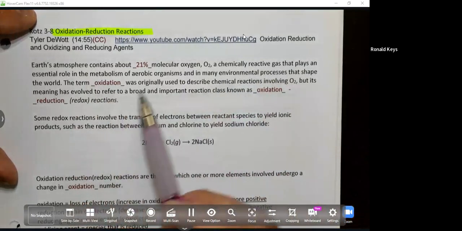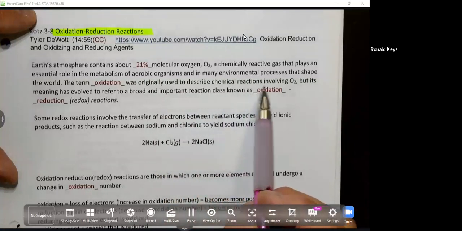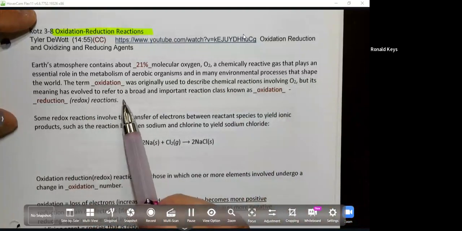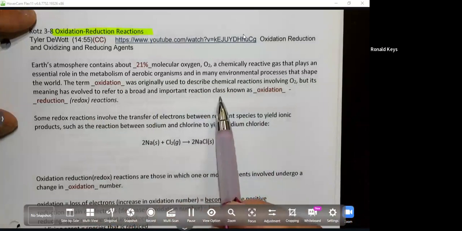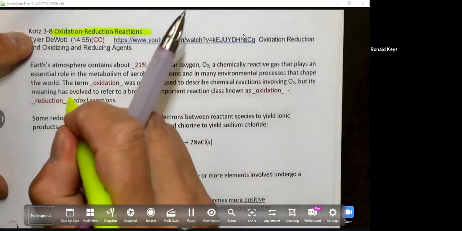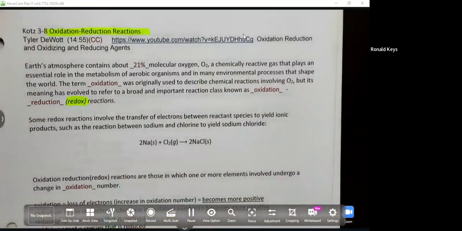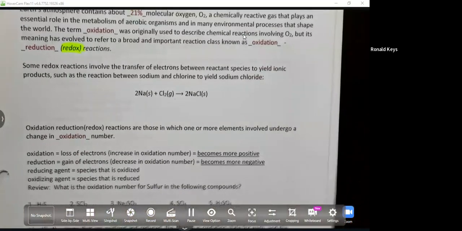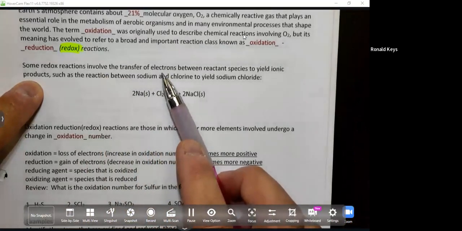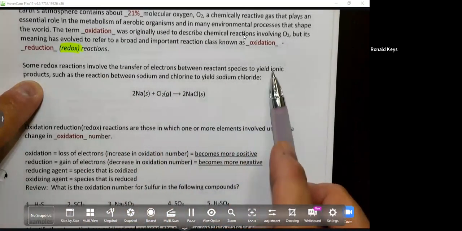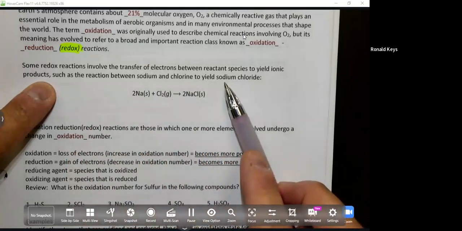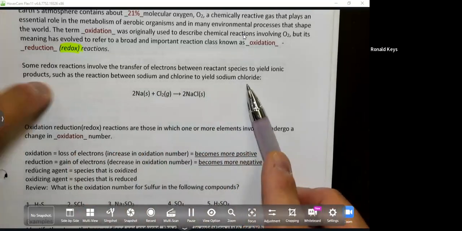The term oxidation was originally used to describe chemical reactions involving oxygen, but its meaning has evolved to refer to a broad and important reaction class known as oxidation reduction, or we just use the term redox. Oxidation reduction reactions involve the transfer of electrons between reactant species to yield ionic products, such as the reaction between sodium and chlorine to yield sodium chloride or table salt.